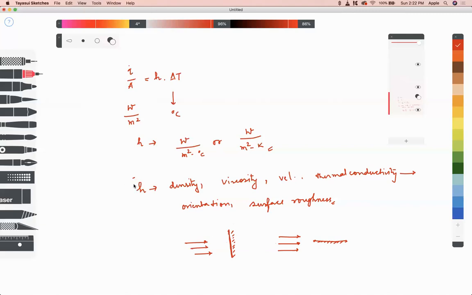So definitely this is a very complex parameter which depends on so many other things, and hence there is no one specific value. So every time, if a convection scenario is given to you, you have to actually calculate the heat transfer coefficient.